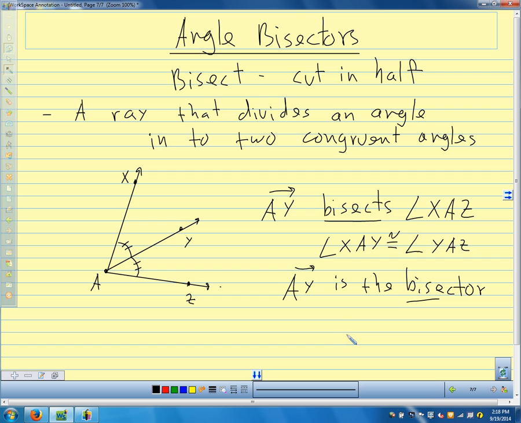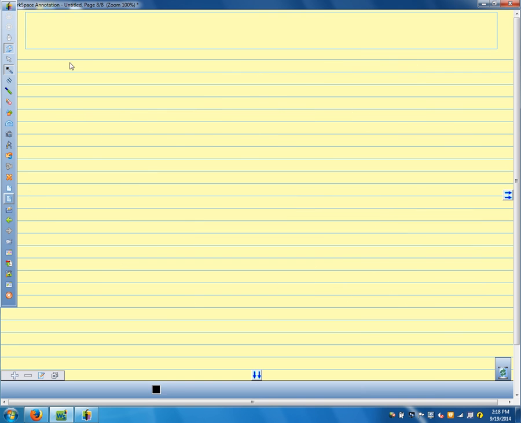Questions about bisectors? Okay, quick, easy example here.